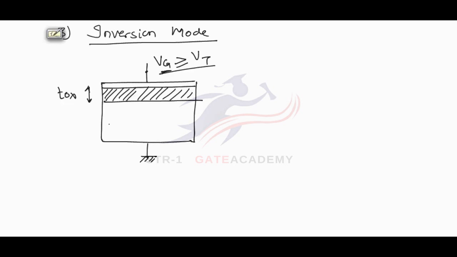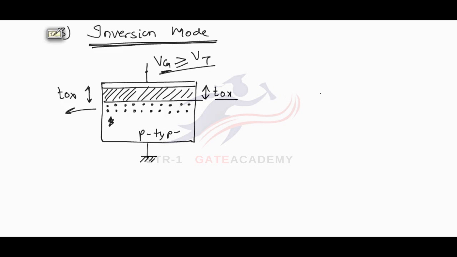to attract the negatively charged carriers which are very few in this p-type substrate. So these electrons will be attracted towards the oxide semiconductor interface, and now there is no depletion layer in this particular operating mode. So this time there will be only the oxide layer, non-conducting layer.